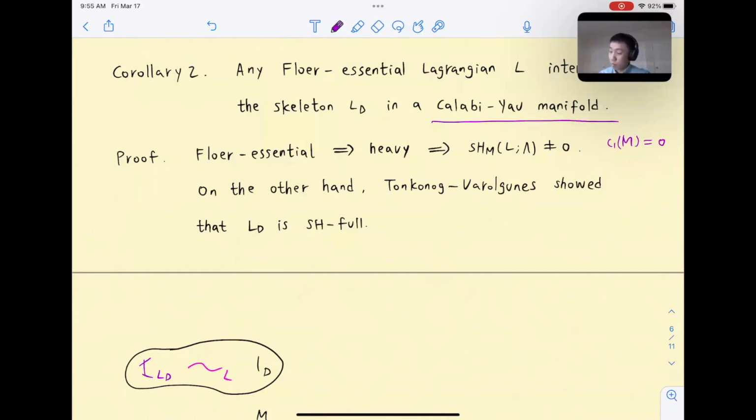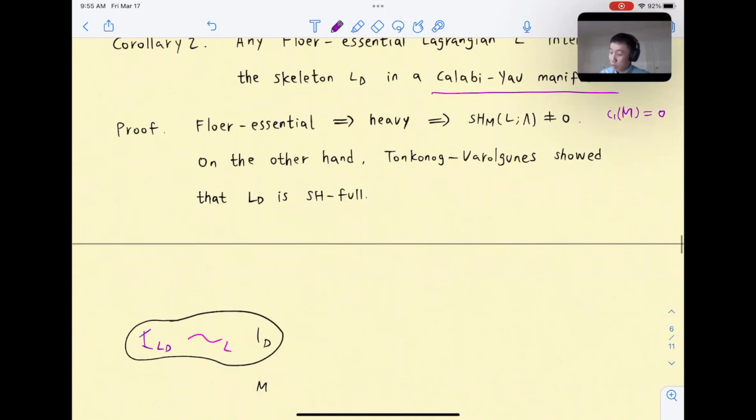Suppose we have this manifold, we can take a smooth symplectic hypersurface D inside M, such that it represents the symplectic form by some positive multiple.